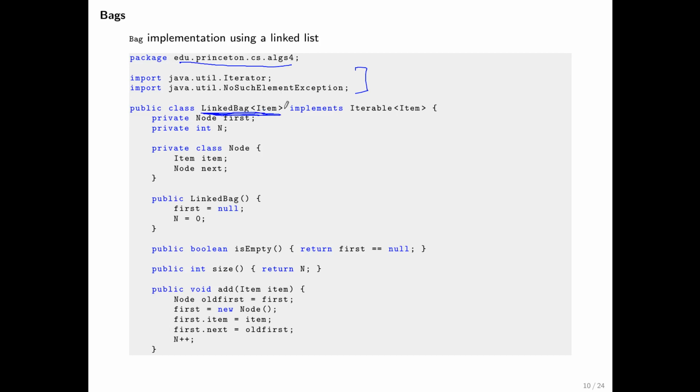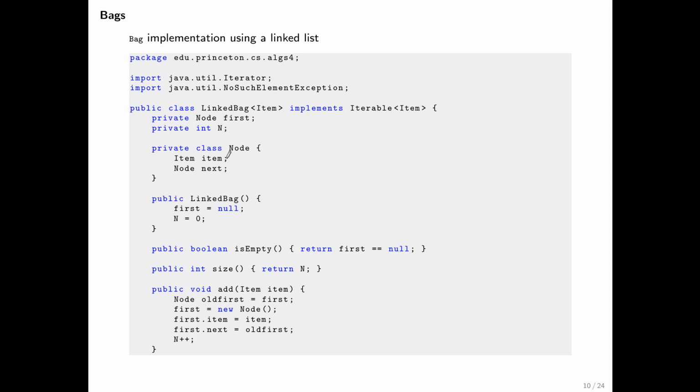So that's why we specify this Item in angle brackets. Again, Item is just a name. You could call it whatever you want, but then you just have to be consistent. If you call this, let's say, just capital T, then this has to be capital T and so on. Okay, but here we just call it Item. Okay, so LinkedBag is the data type, and that implements Iterable because we want our bag to be iterable.